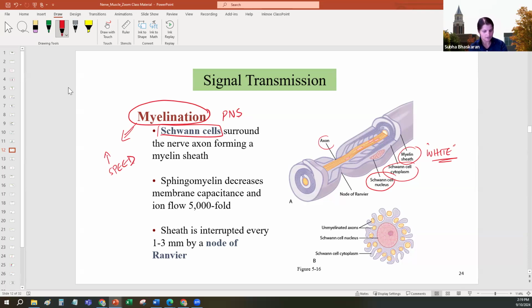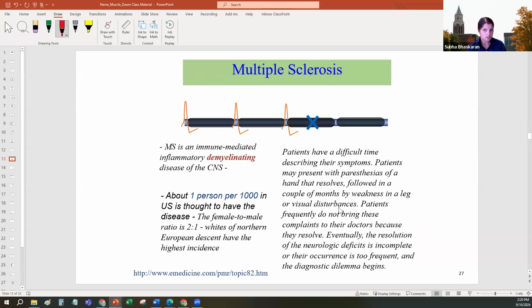Once we have a lot of information coming from the nervous system, we will get into myelin. So when we talk about multiple sclerosis, remember, myelin provides insulation and increased speed. In the CNS, it's actually made by oligodendrocytes. If there is a problem producing myelin in the CNS, it is given a special name called multiple sclerosis.